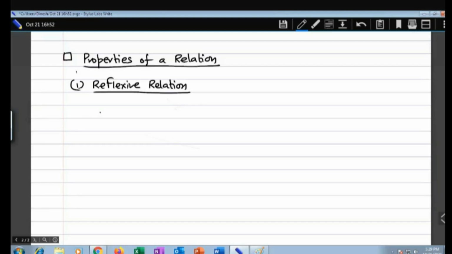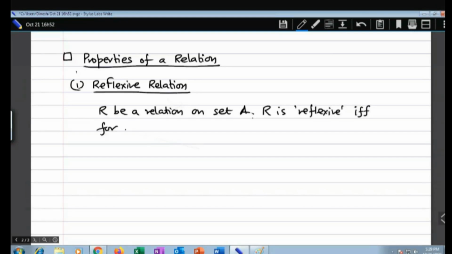Let R be a relation on, let's say, set A. Then R is reflexive if and only if for every x in A, (x, x) is in R.